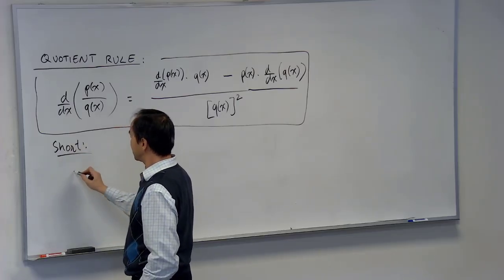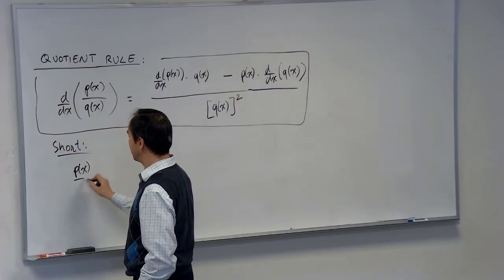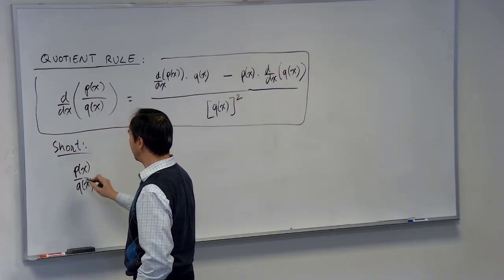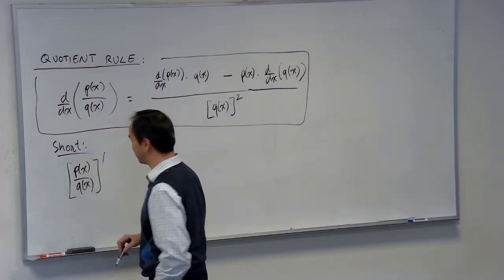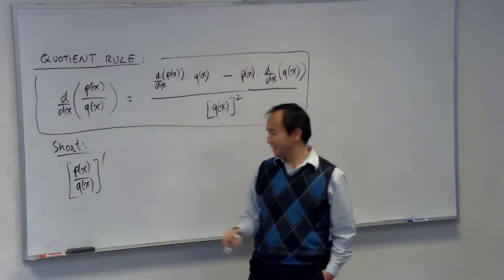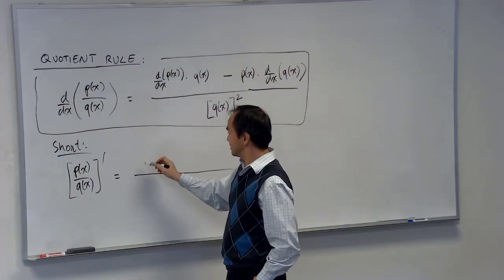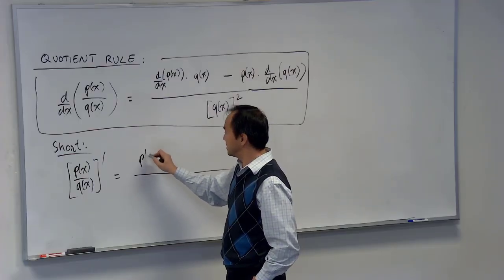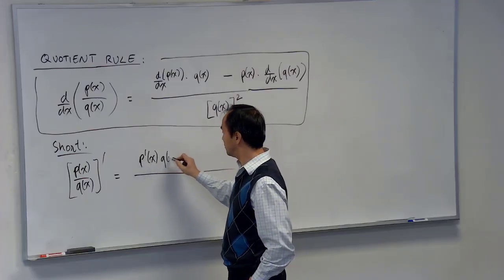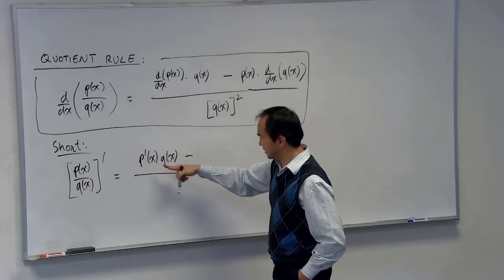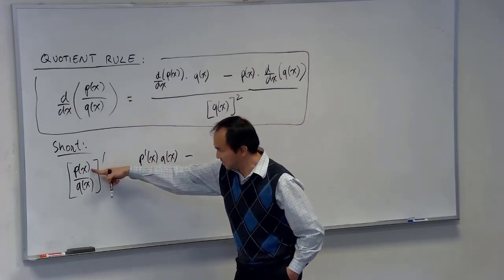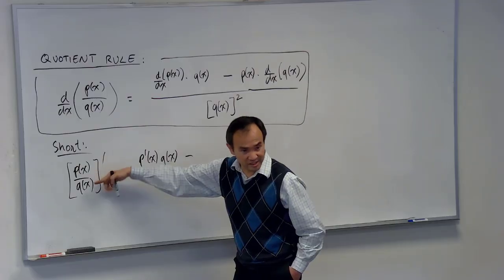We got, let's say, p of x over q of x, right? And our attempt here is to find the derivative, take the prime of that. Then the short revised version is p prime of x multiplied with q, and then we subtract, and once again, in that order, p of x, in that original quotient, stays on top first, right?